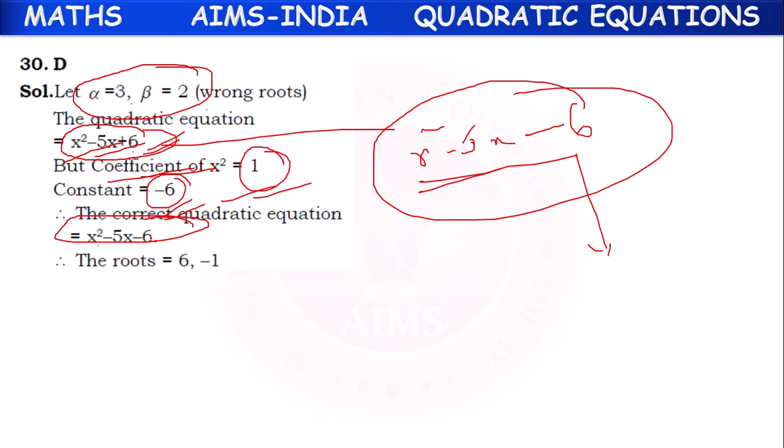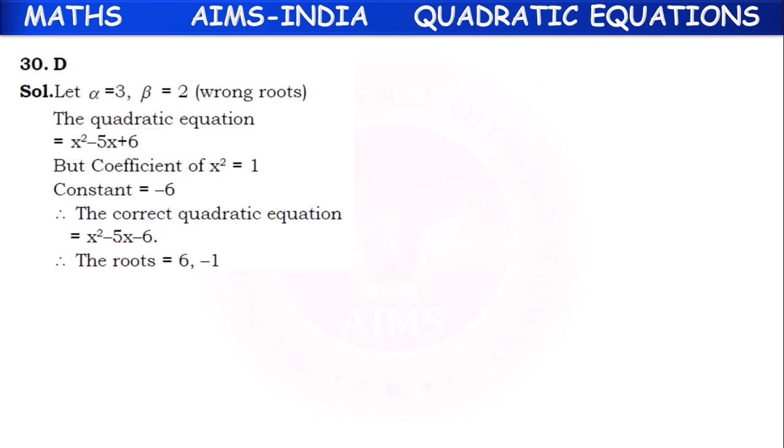So if it is like this, what will be the roots? The middle term: a into c, 1 into minus 6, it is minus 6. It is to be split into two terms so that the middle number minus 5 should come.